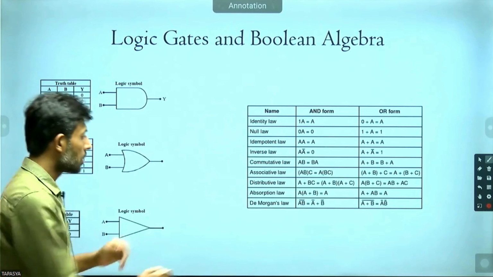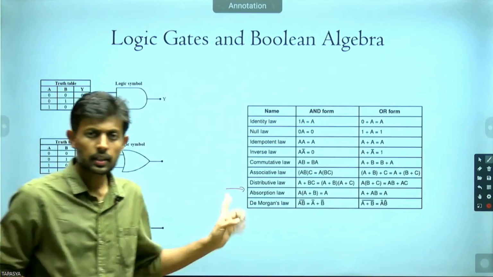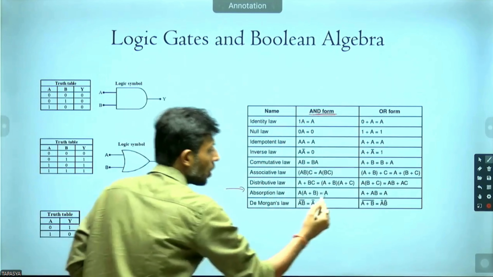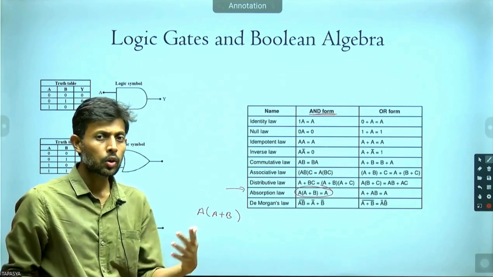Let's look at the absorption law now. This is a little bit complicated, so we'll understand this in detail. The AND form of the absorption law says this. Let's look at how logically this makes sense. A into (A plus B) gives us what? So we'll apply the distributive law.